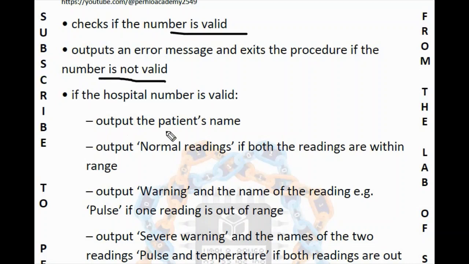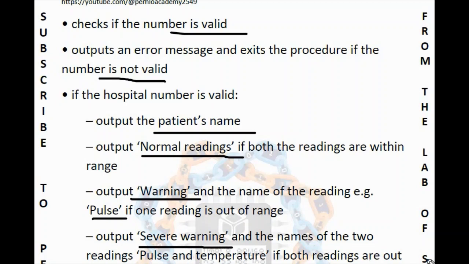If the hospital number is valid, output the patient's name. Output normal reading if both readings are within range. If one reading is out of range, output warning and the name of the reading, for example, pulse. Output severe warning and the names of the two readings if both readings are out of range.